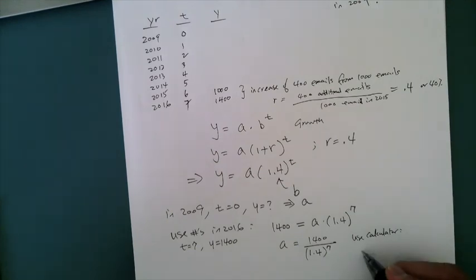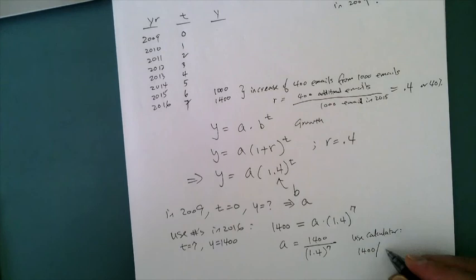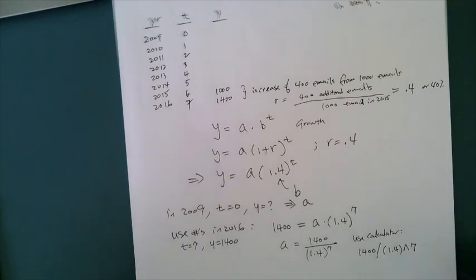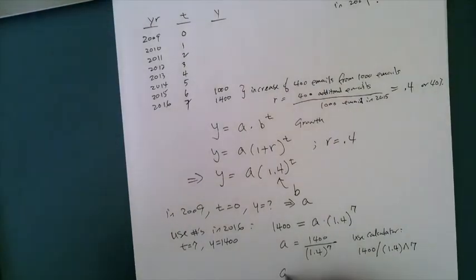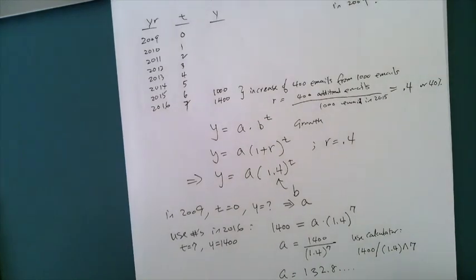So use the calculator. You will have 1400 divided by 1.4 to the 7 power. That should give you A is equal to 132.8 and so on. Then you can round it up as A is approximately 133.